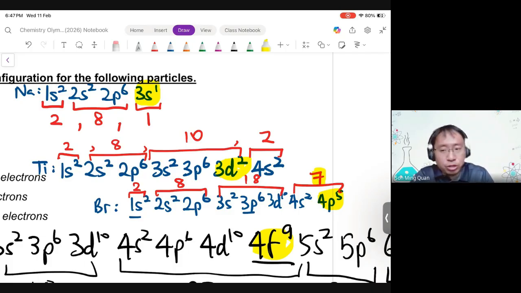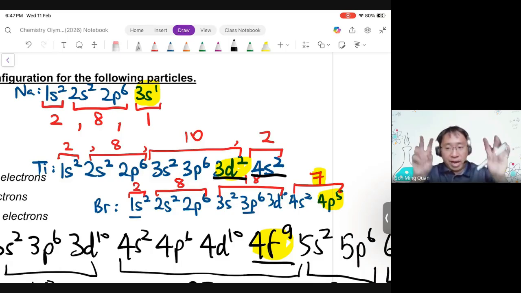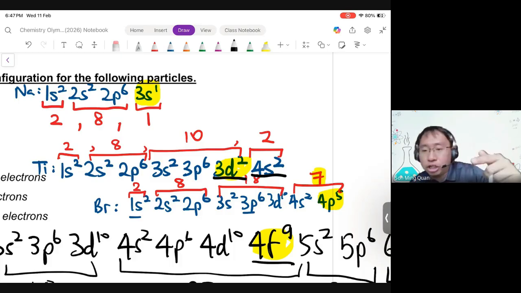Now, what's interesting about transition metals like titanium is that in addition to the 3D electrons, the 4s electrons are also considered their valence electrons. I repeat, in addition to the 3D, which you filled last, the 4s electrons are also considered their valence electrons.